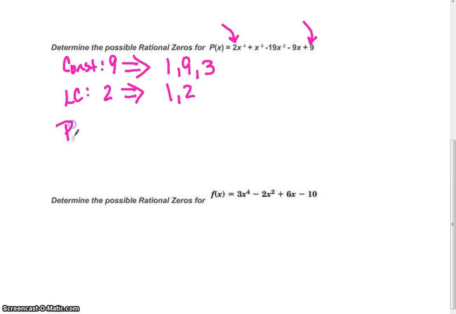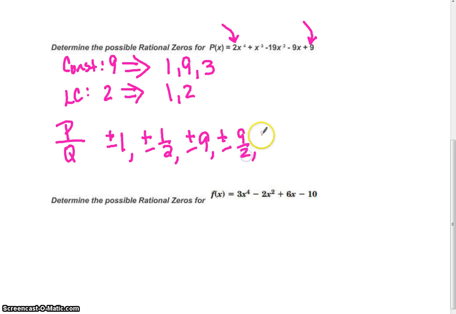So then when you do p over q, keep in mind that it could be positive or negative combinations. So the way it works is you could have positive or negative 1 over 1, which is 1, plus or minus 1 over 2, plus or minus 9 over 1, which is 9, plus or minus 9 over 2, plus or minus 3 over 1, which is 3, plus or minus 3 over 2.